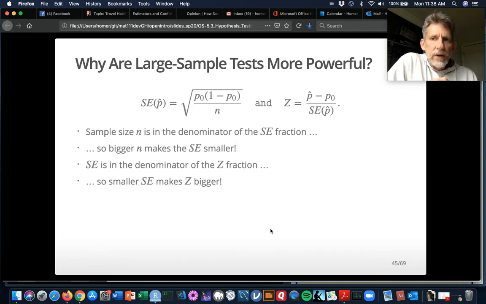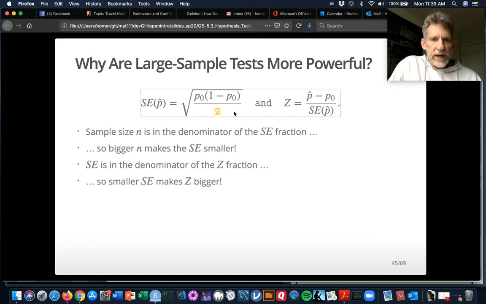Mathematically, we can understand why this is so because of the math formula for our test statistics. Think about the standard error for the sample proportion. It's got the sample size in the denominator.